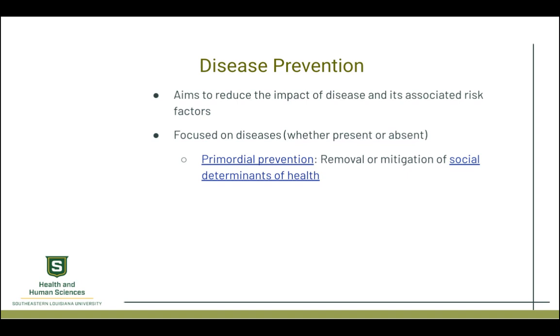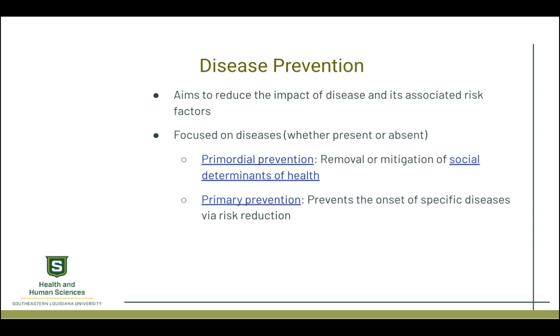We have the primordial disease prevention. This focuses on the removal and mitigation of social determinants of health. Then we have primary prevention. This works on preventing the onset of specific diseases.